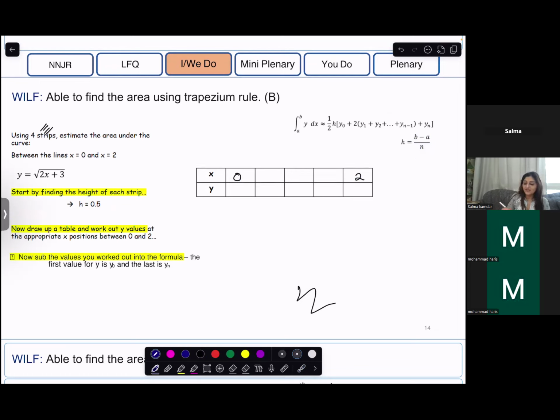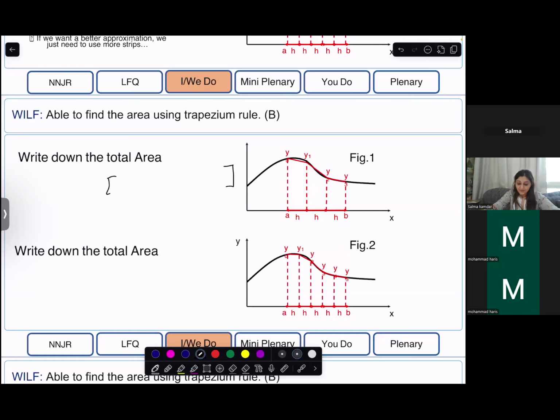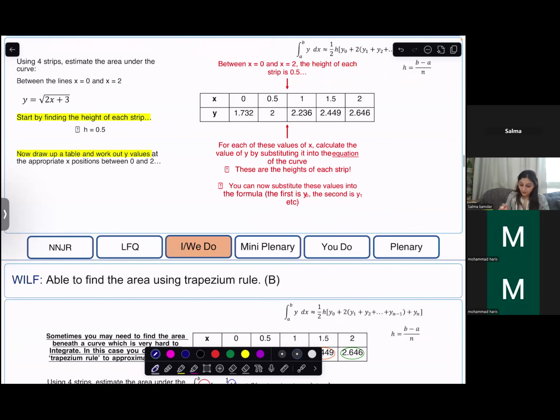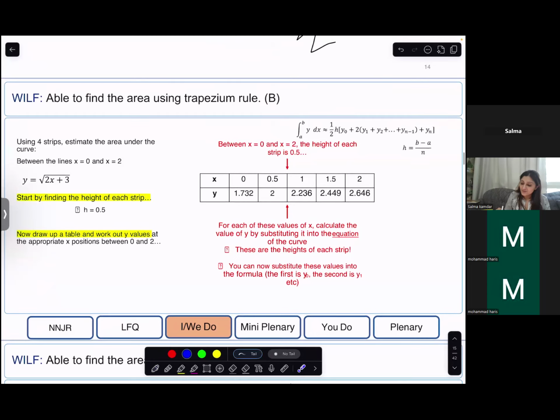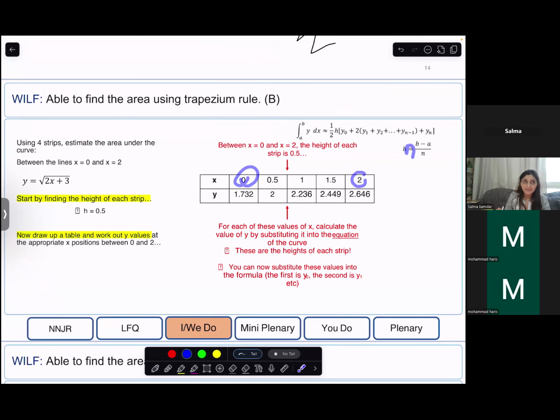Now, with the help of this, can you fill this table for me? I'll wait for you. Okay. So your lower bound was 0, your upper bound was 2. You managed to find your height using b minus a divided by n, so your height was 0.5.